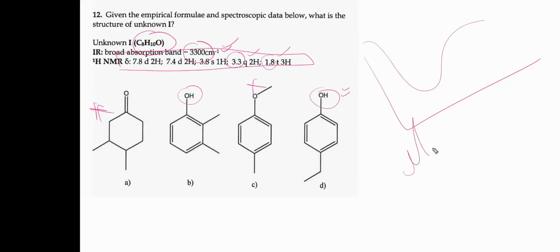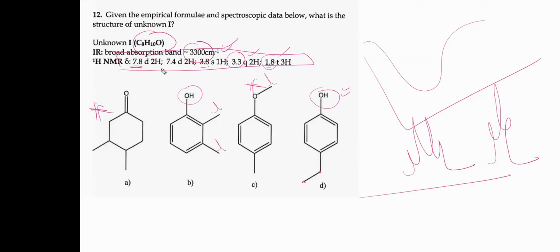A quartet at a low field region and a triplet at a high field region means you have an ethyl group. It cannot be this other structure, because that one is going to be a singlet, and you're going to see two singlets for the methyl groups and not a triplet and quartet.